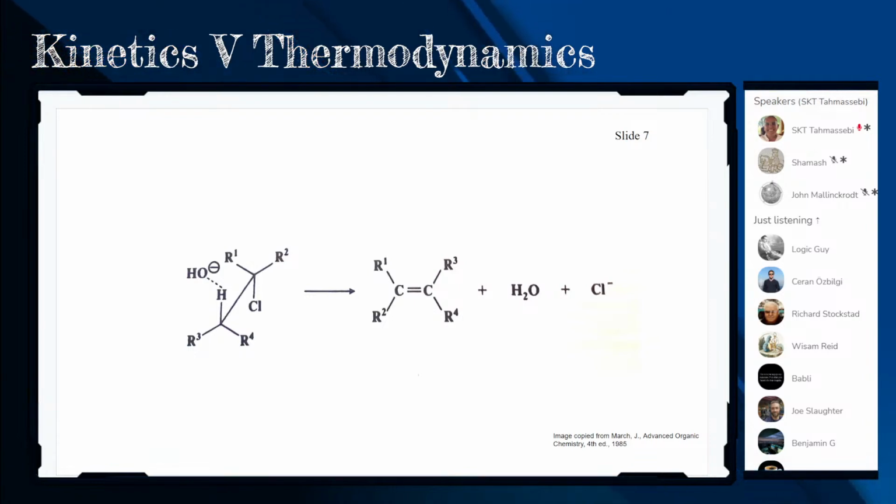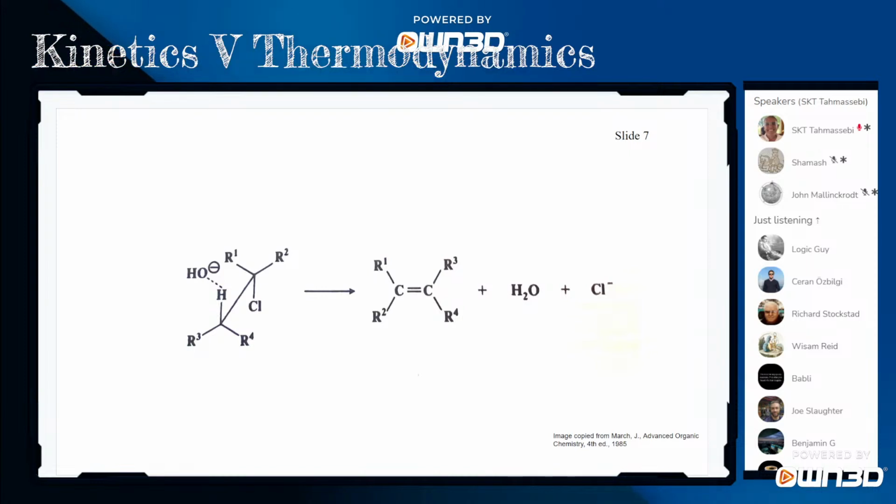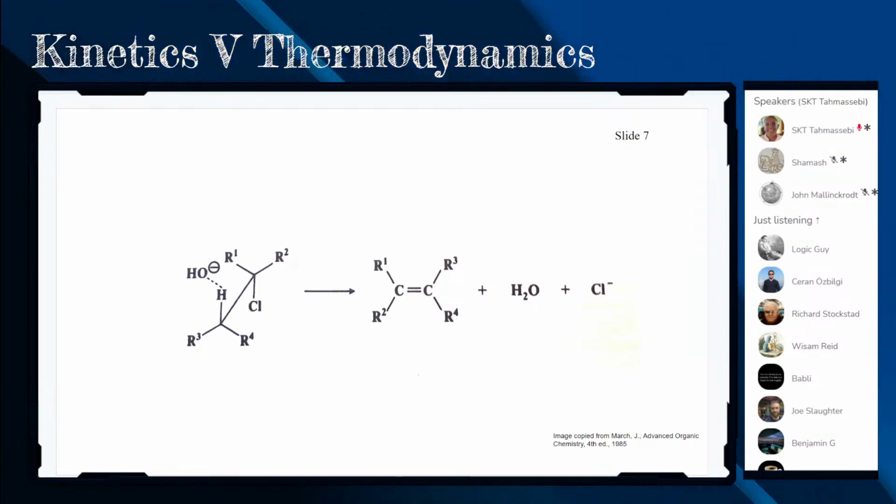In the way this is written, right? But then, I'm going to completely lose everybody by saying this. You can think of R1 and R2 as being electron donating. If they're electron donating, then they make it a lot easier for chloride to leave.